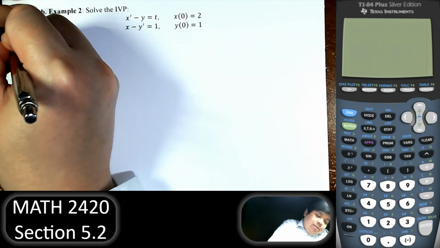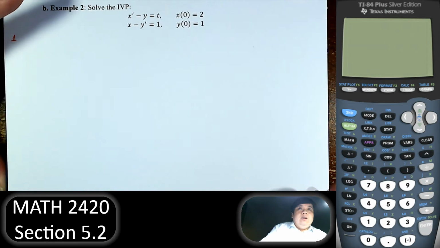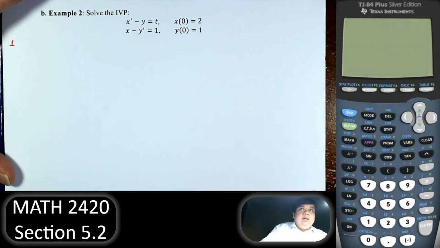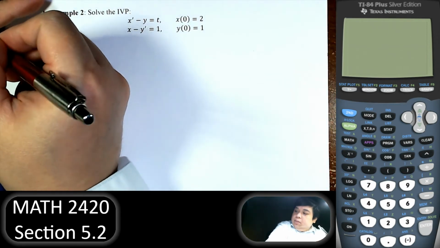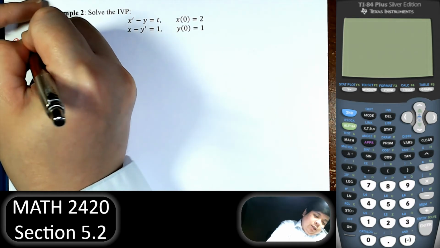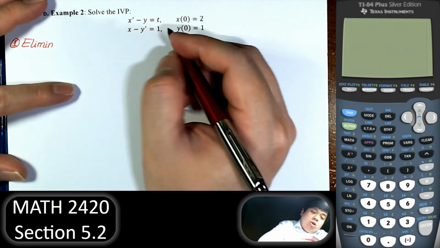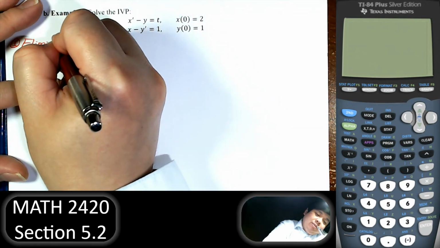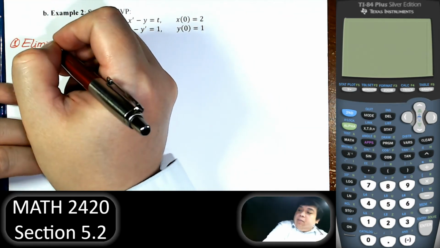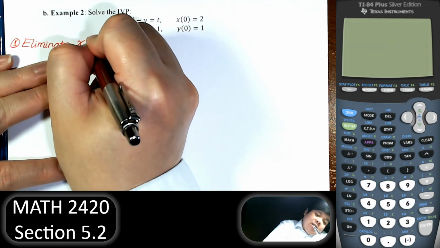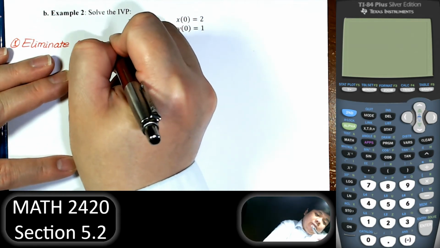So first step, eliminate. Try to write small because this problem looks complicated. Yeah. Eliminate x, solve for y.